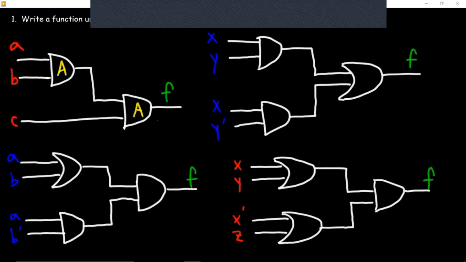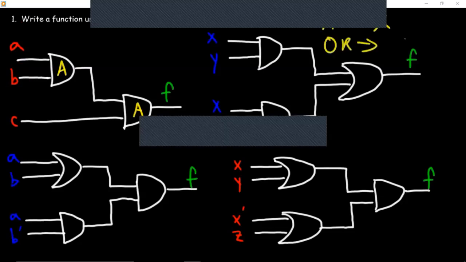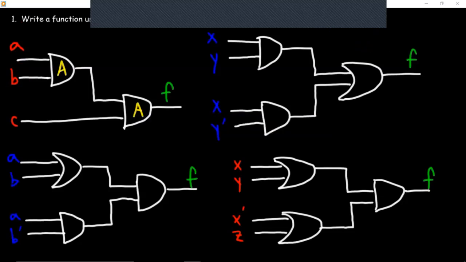Now, notice that the inputs of the first AND gate are A and B. And when dealing with an AND gate, you need to associate it with multiplication. And when dealing with an OR gate, associate it with addition. So what the AND gate is going to do is take the two inputs and basically multiply them together.